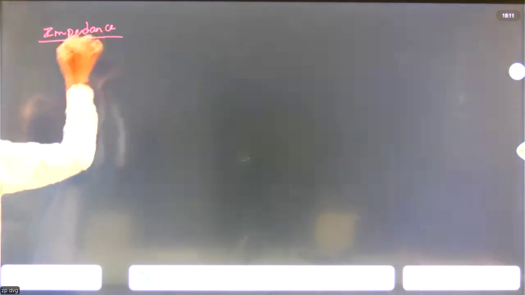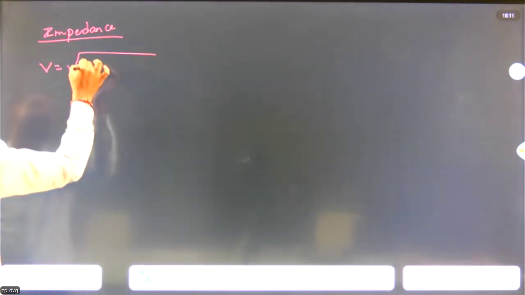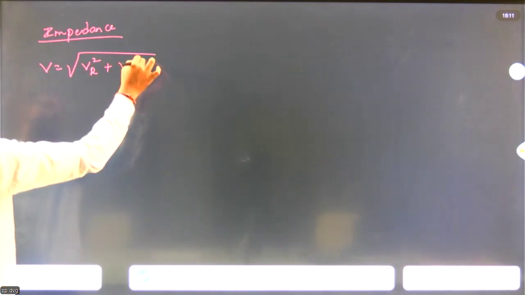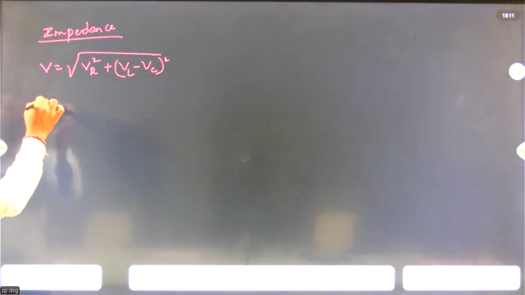Impedance of the circuit. The resultant voltage V is equal to the square root of VR square plus (VL minus VC) whole square. What is VR?